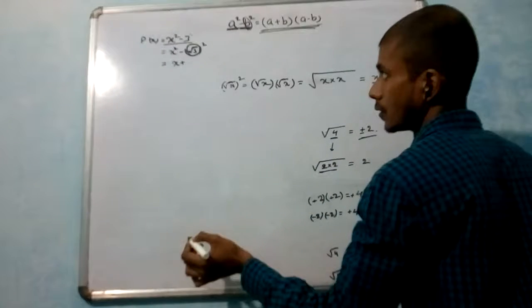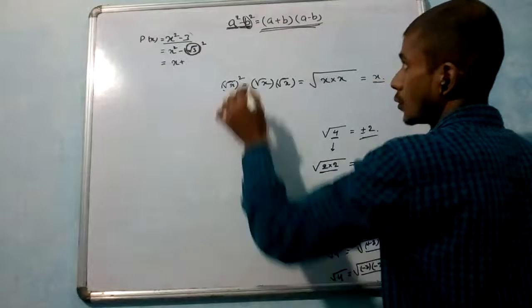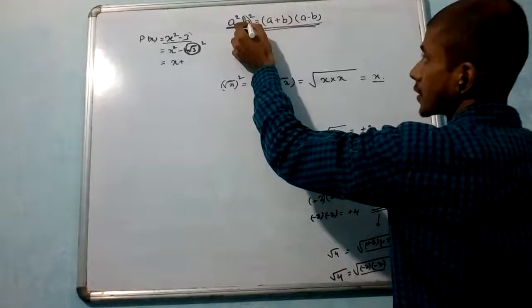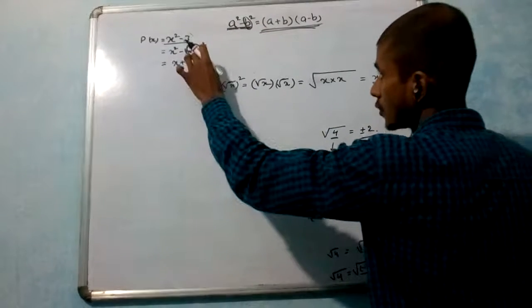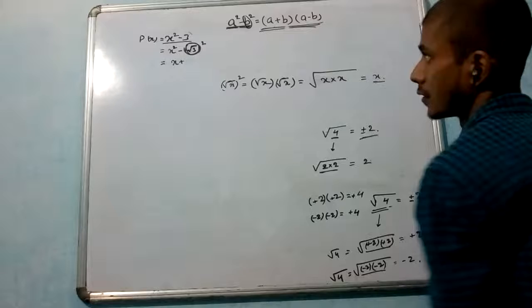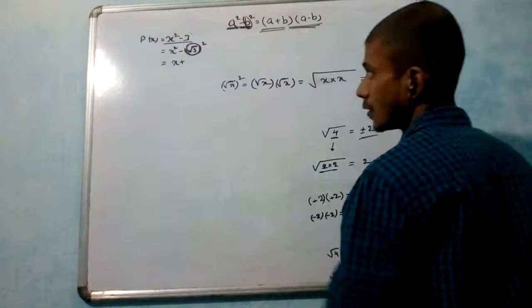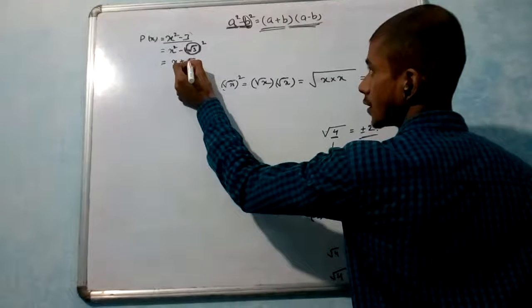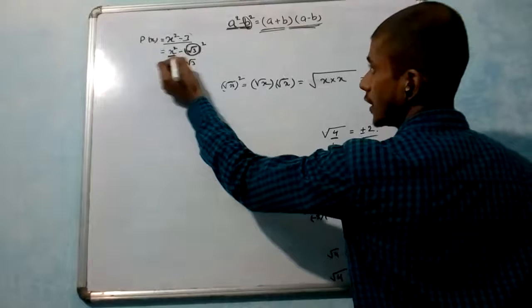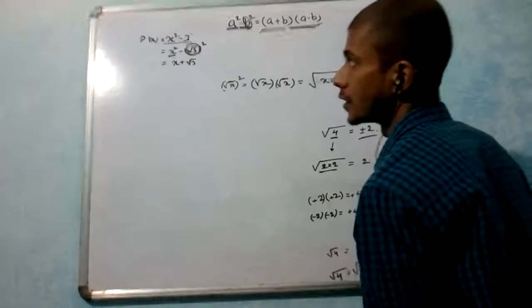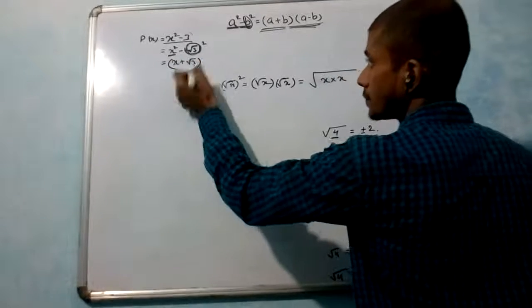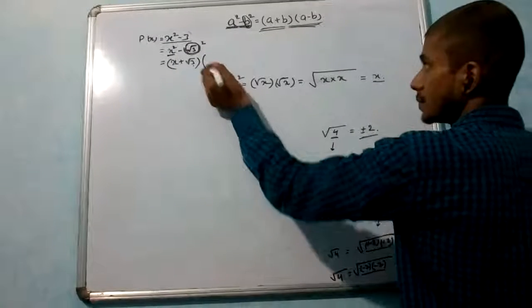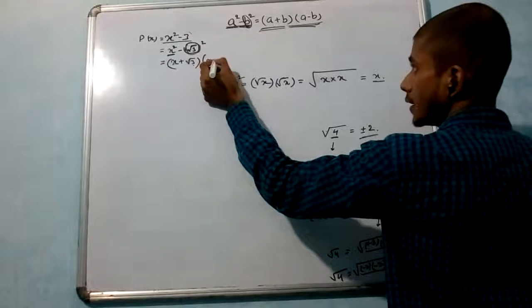Yes, b is root 3. So what is in the expansion, b or b square? B. So x plus root 3. This x was a, this root 3 was b. So a plus b I wrote. Next, bracket x minus root 3.